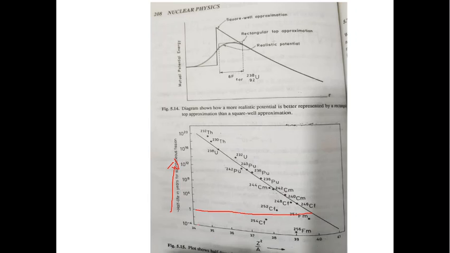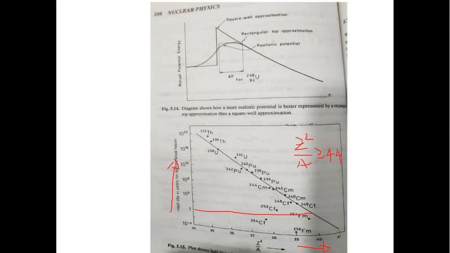So as the value Z square upon A increases here, the half-life will decrease. And the stability limit, those elements which are above Z square upon A, they don't exist on this earth.